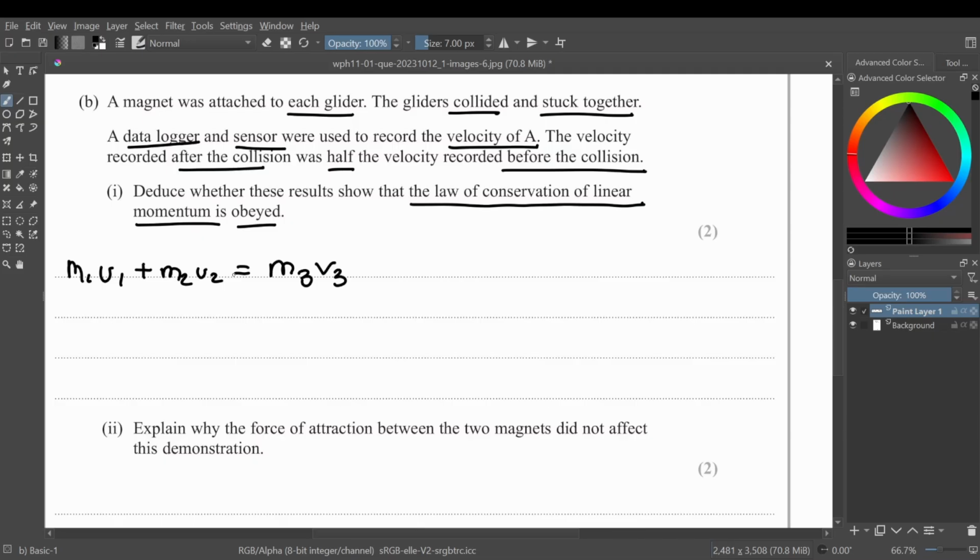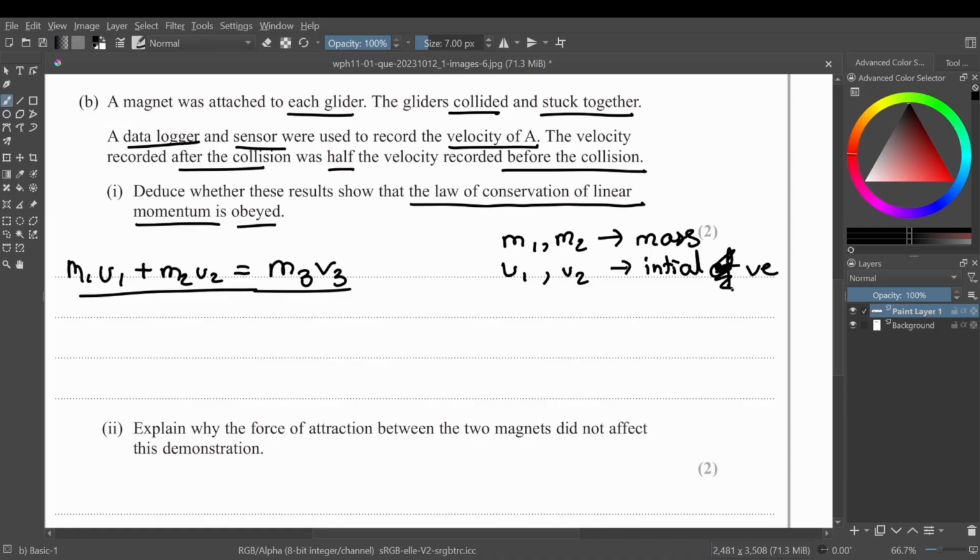Let me explain what these are. m1 and m2 are the masses of glider A and B, and u1 and u2 are the initial velocities of glider A and B. And m3 is the combined mass of A and B, and v3 is the final velocity of the combined A and B.